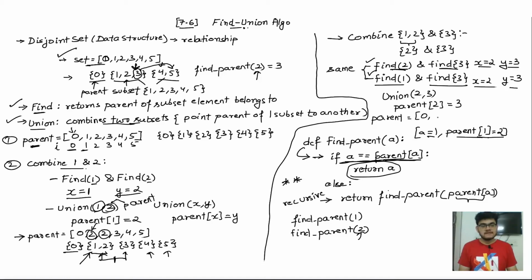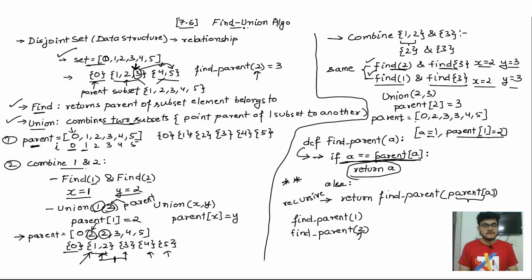The 0th element is 0, the first element has become 2, but the second element has become 3. The third element was already 3, and then we have 4, and then we have 5 here. So this is now our parent set after combining 2 and 3.